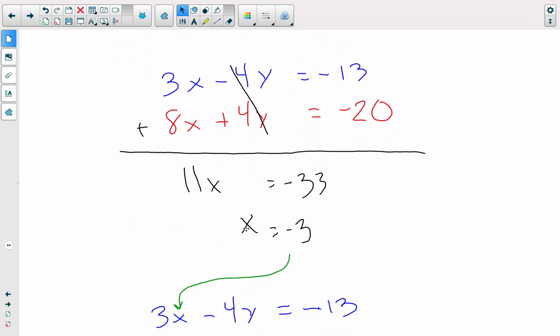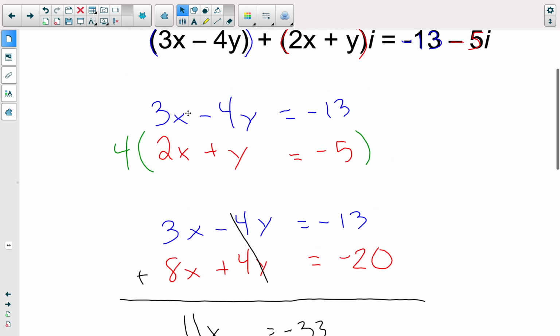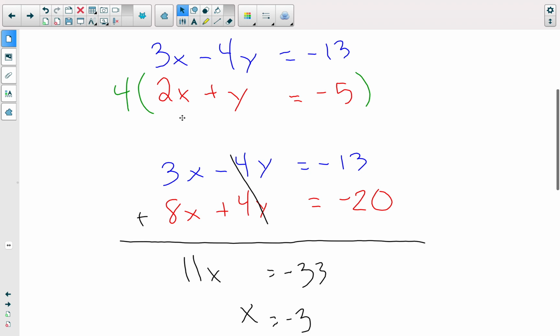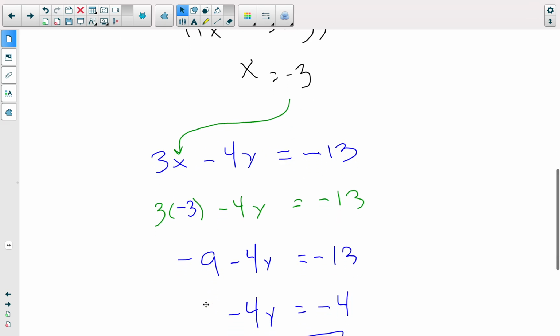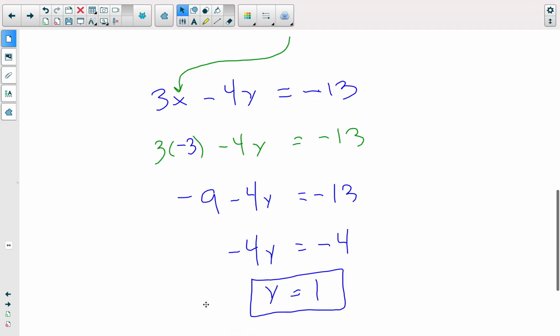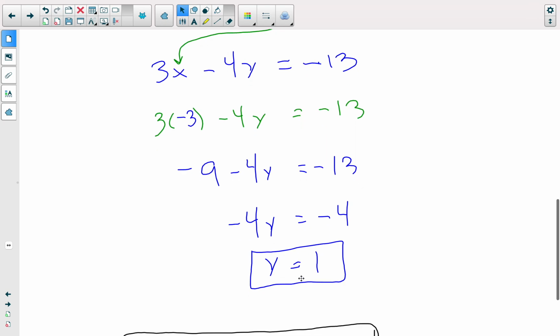And now solving, I'm left with x equals negative 3. Once we have x equals negative 3, we're going to turn around and we can substitute this into either of these original two equations in the system we created. I'm going to work with the top one, no preference really. So 3 times negative 3 leaves us with negative 9, and then I'm going to solve this basic equation here. I'm going to add 9 to both sides, divide by negative 4, and now I'm left with y equals 1.